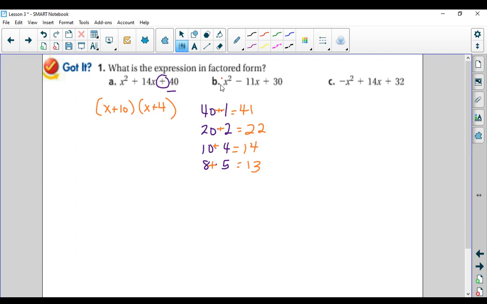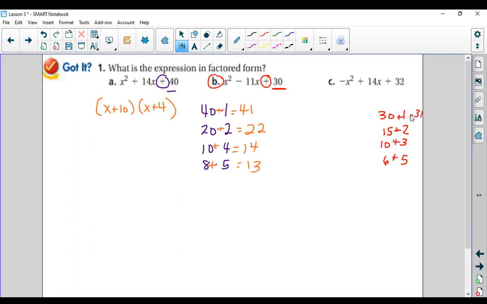So let's do this one. What multiplies and gives me 30? 30 and 1, 2 and 15, 3 and 10. 4 doesn't go into 30, but 5 and 6 do. This is a positive 30, so again, I'm going to add them.